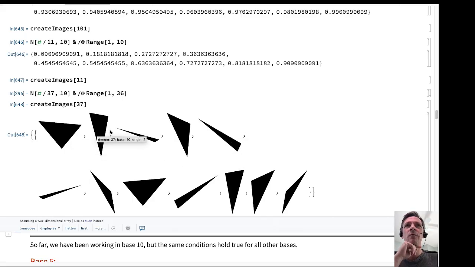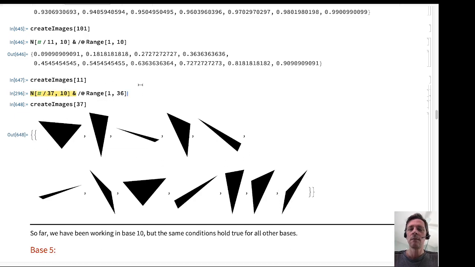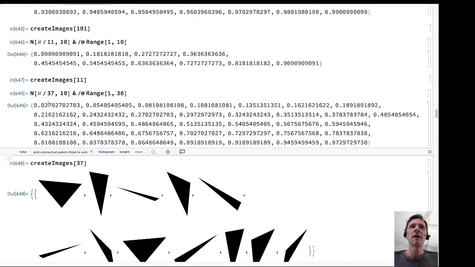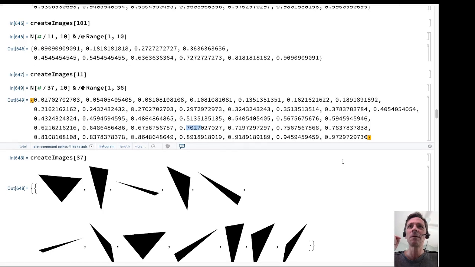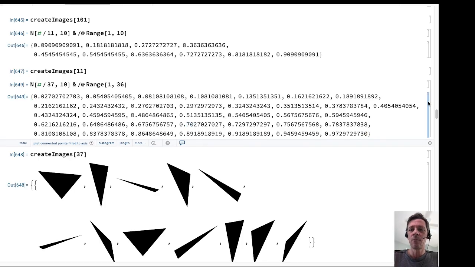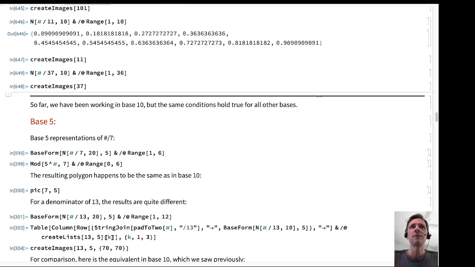You can count them: 1, 2, 3, 4, 5, 6, 7, 8, 9, 10, 11, 12 polygons. And just look at the repeating fractions for a second, you'll see they have three digits before they repeat. So 027, 270, 702. This is one of the last times we're going to be looking at repeated fractions, and we're going to start looking a lot more at images.